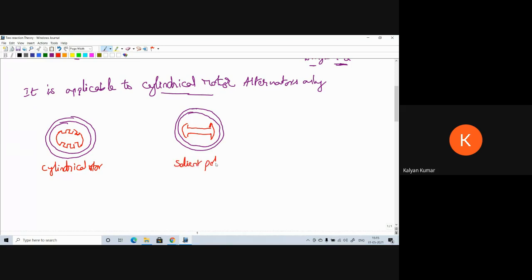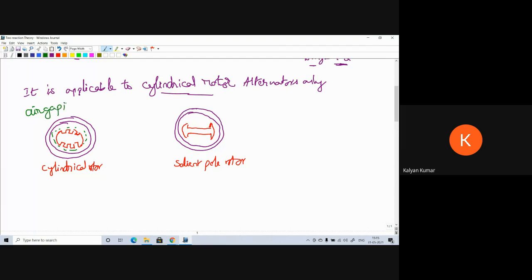This is salient pole rotor machine. Now, if you observe in cylindrical rotor machine, the air gap is going to be almost same. If you consider the air gap at any point, this air gap is going to be constant or uniform.